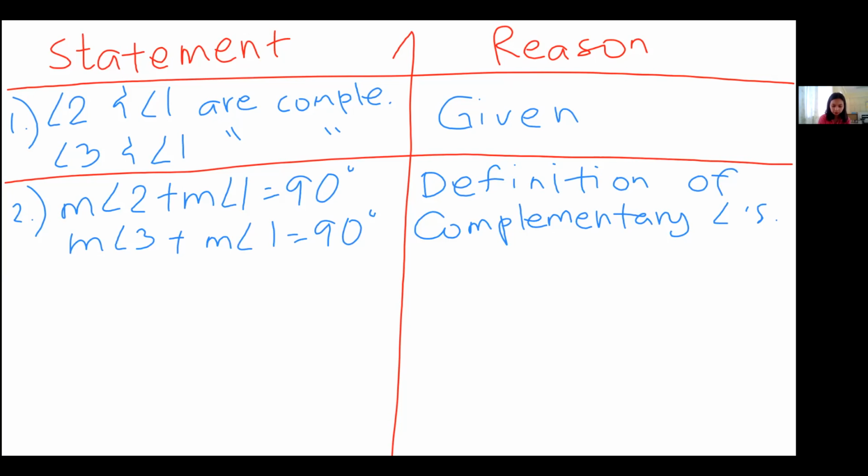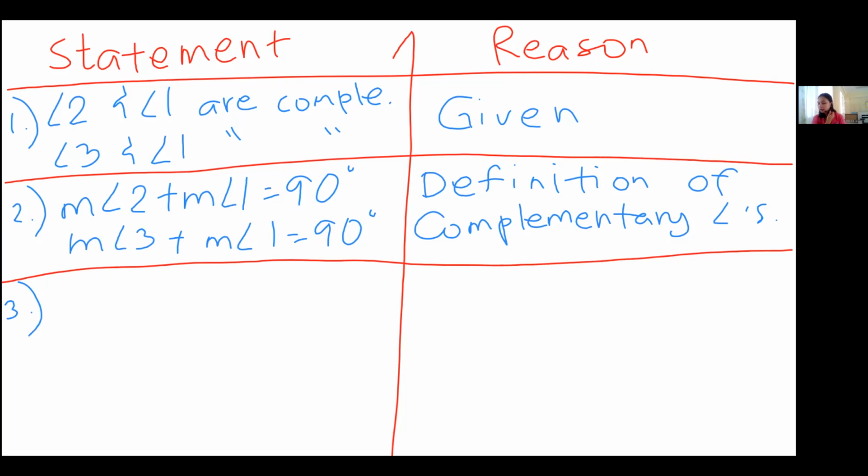Tutuloy na natin siya. For our number 3 naman, since nasabi na natin na kapag inadd yung measurement ni angle 2 and then ni angle 1 is equal to 90 degrees, pwede po nating masabi na yung measurement ni angle 2 plus yung measurement ni angle 1 is equal to the measurement of angle 3 and angle 1 po. Sorry. Lagyan natin ng M.